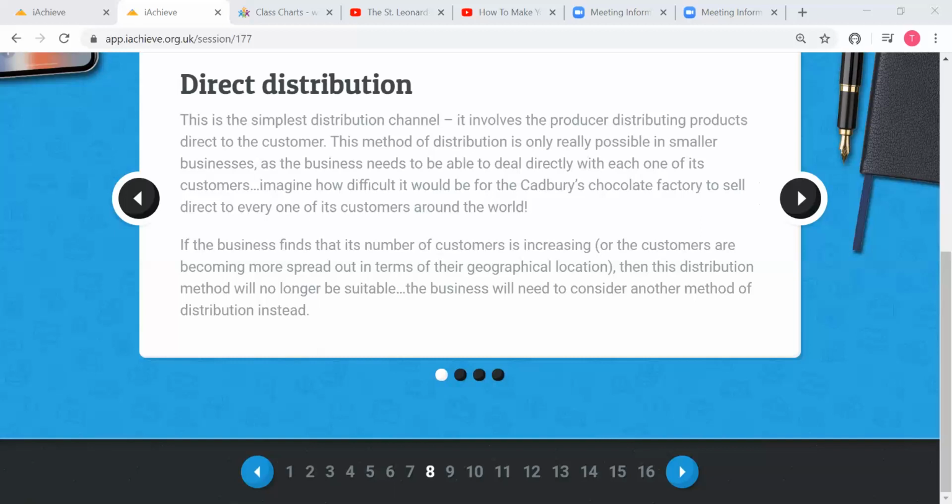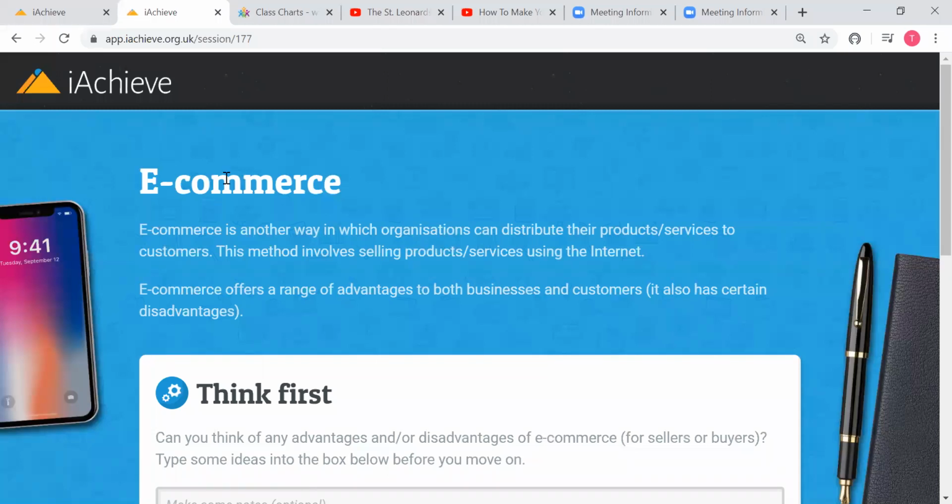So next, if you take a look back again on iAchieve, we're going to be looking at e-commerce. So e-commerce is simply another way in which organizations can distribute their products and services to customers. It is a direct distribution method very often, in that they control the website and they also produce the product. Sometimes there are the equivalent of wholesalers or retailers.